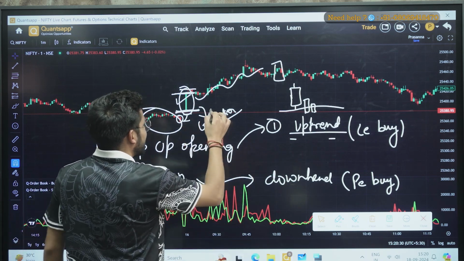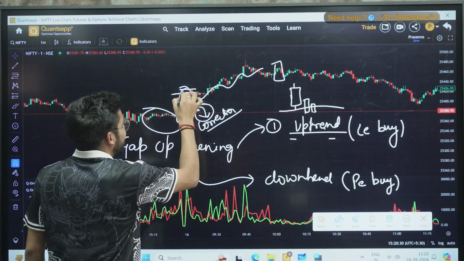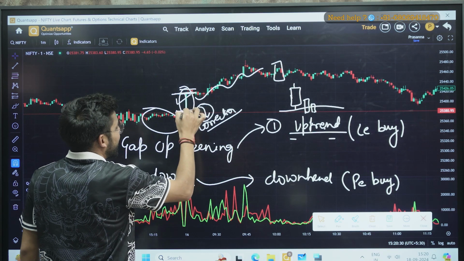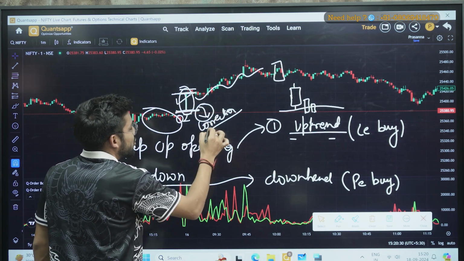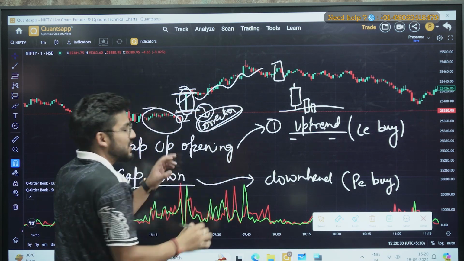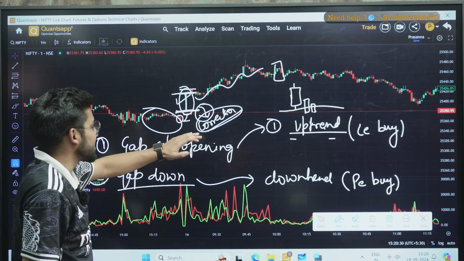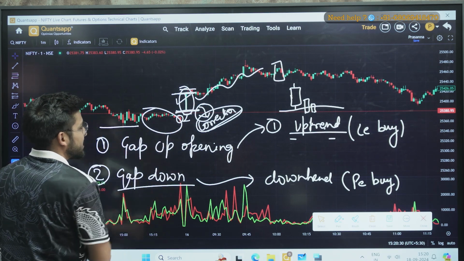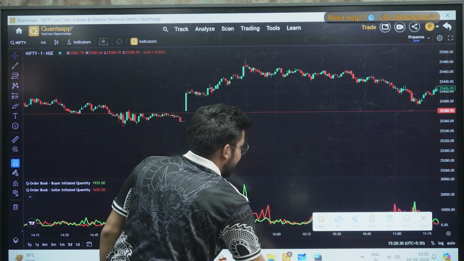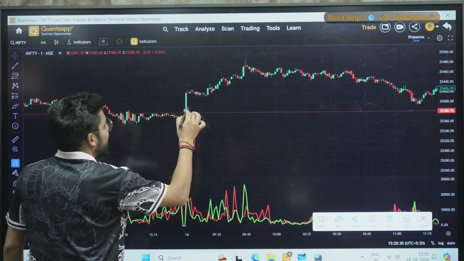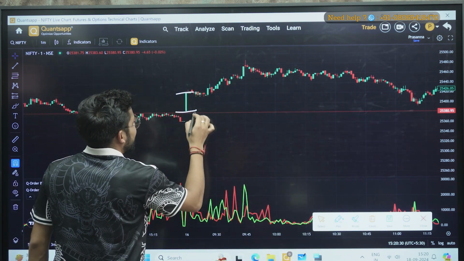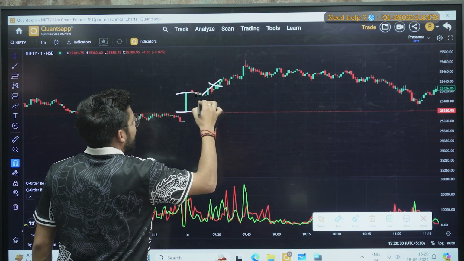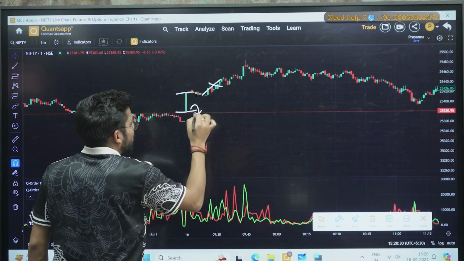Now there was another scenario that I have told you. What if there is the first candle of the market and your market breaks its low? At that time you will know that there is a correction in the market. So if there is a correction, then you will wait for the market till when? Till the low of the previous day. I'll write it here. For example, suppose this was the first candle and my market did not go upward, but went downward and broke the low of this candle.